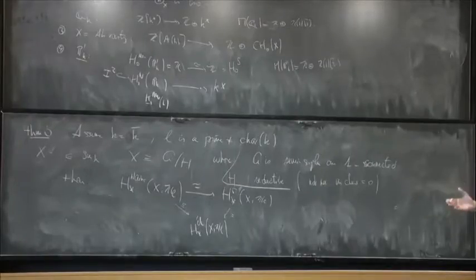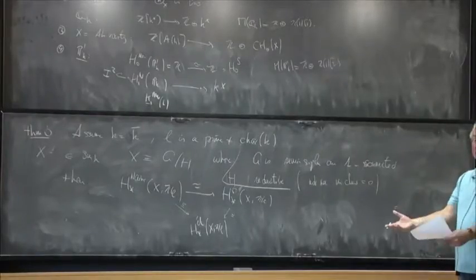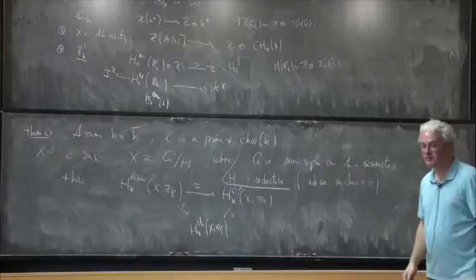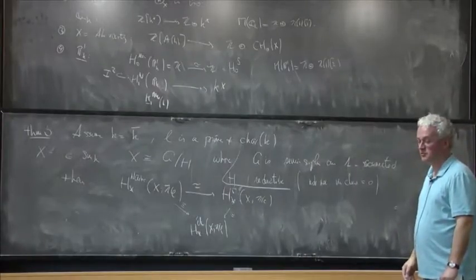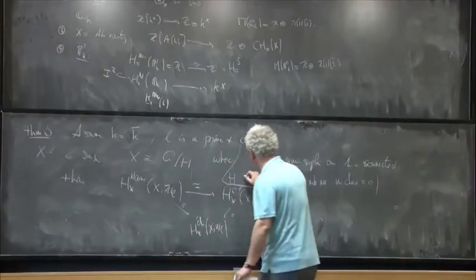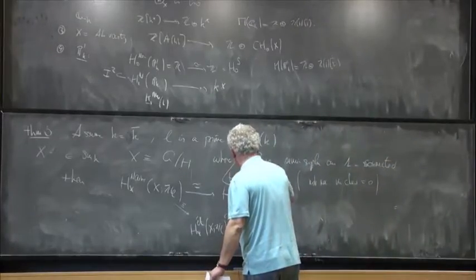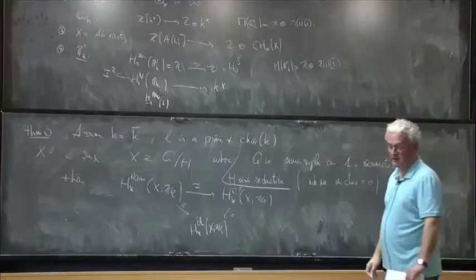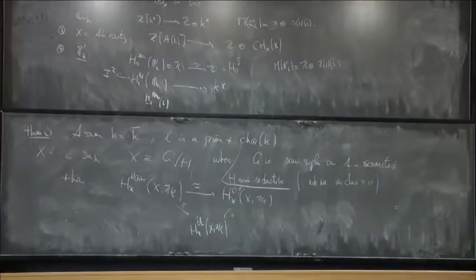You have to know basically that all torsors over the affine space are trivial, and then you can do it. Connected, already. If not, it's wrong in finite characteristic.